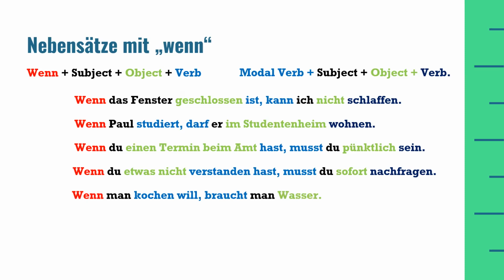Wenn man kochen will, braucht man Wasser. When one wants to cook, one needs water. Now here in this sentence we have used a modal verb in the Nebensatz.